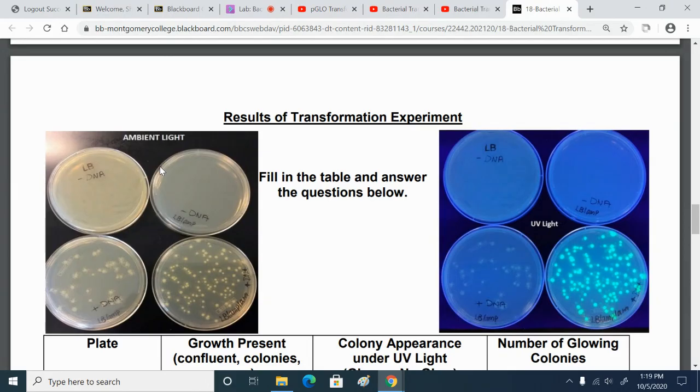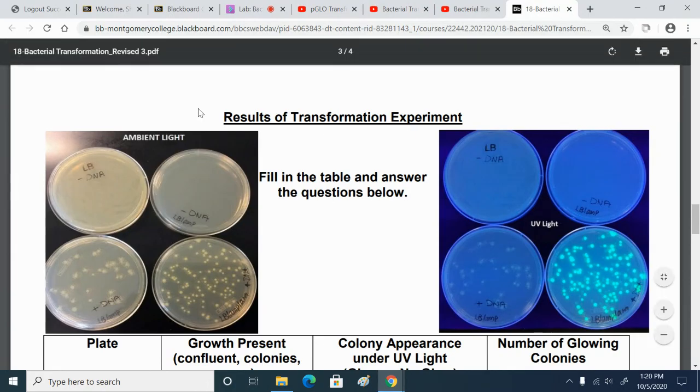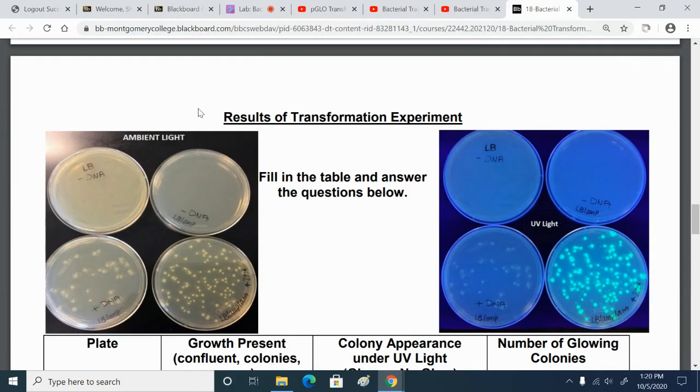Was there not any transformation? Remember, these are the plates which have just E. coli on them. No DNA was added to the E. coli, right? So it's just plain E. coli. So there's lots of E. coli here, none here. What happened?